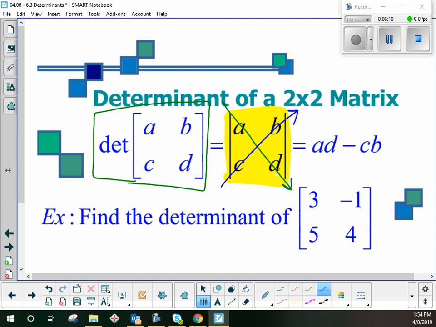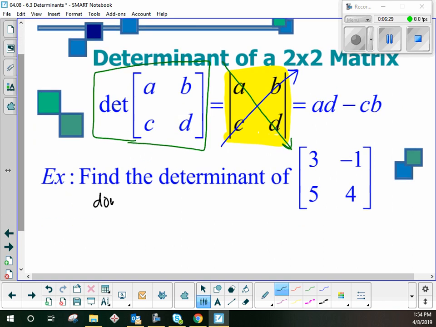And with a 2 by 2, that distinction is almost pointless. In the 3 by 3, it will be more necessary. So what we're going to do is find the difference of them. We're going to subtract the down products minus the up products.